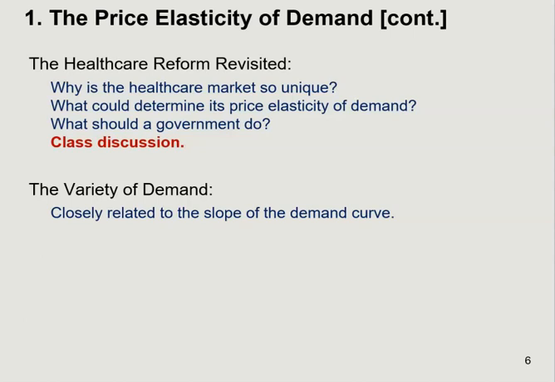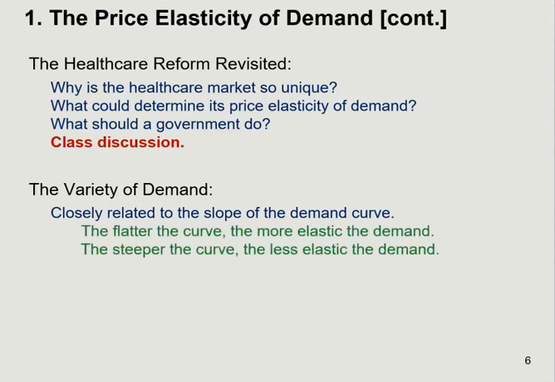When we calculate the elasticity, we said that the elasticity actually measures the slope of the demand curve. The flatter the curve, the more elastic the demand. In other words, a teeny tiny change in price could lead to a dramatic change in quantity demanded, right?